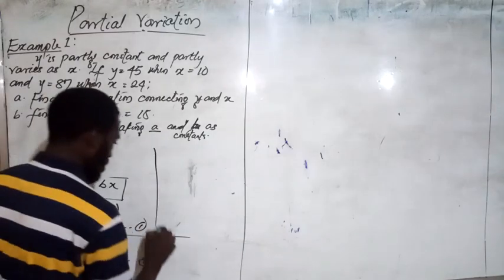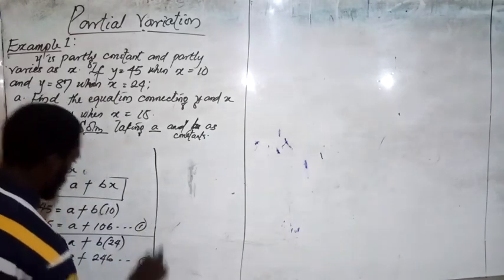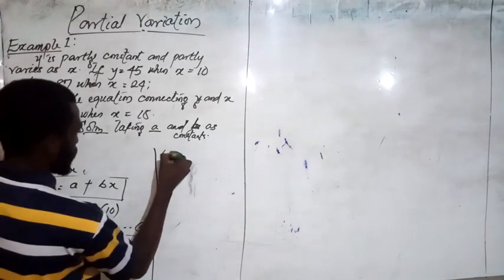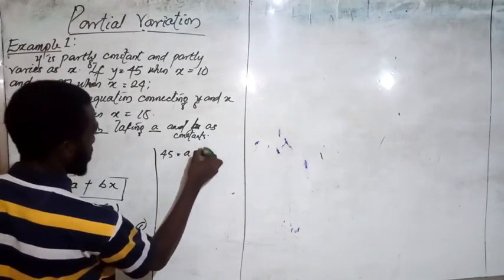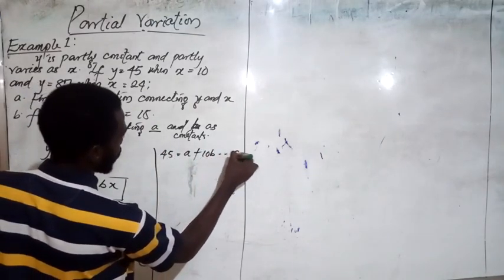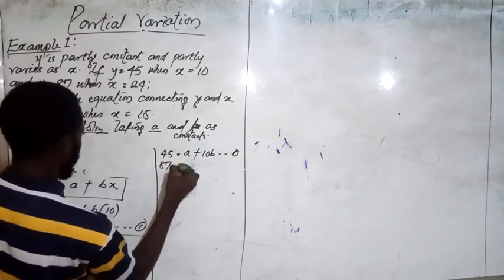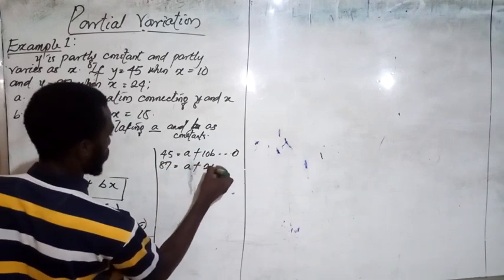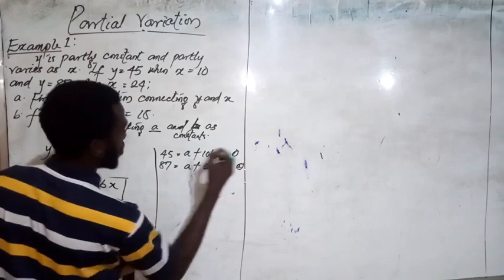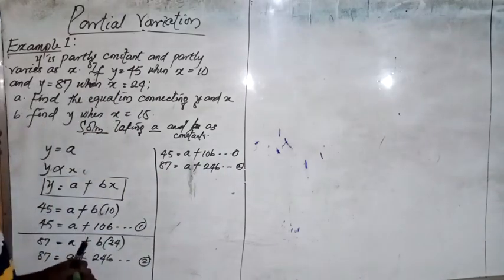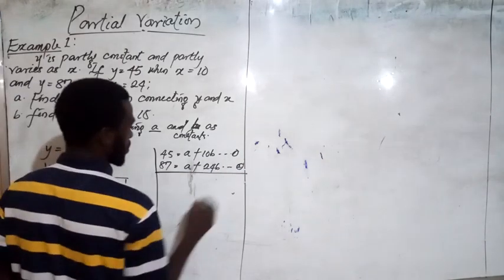Alright, let me write our two equations here. We have 45 equal to a plus 10b, which is equation 1, and 87 equal to a plus 24b, equation 2.